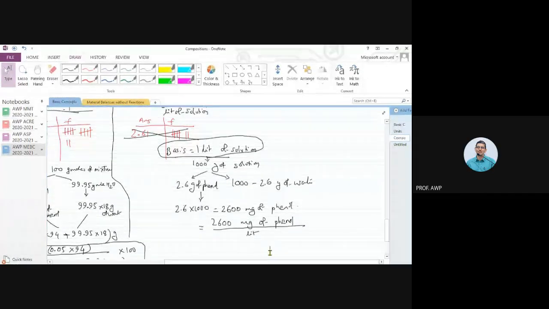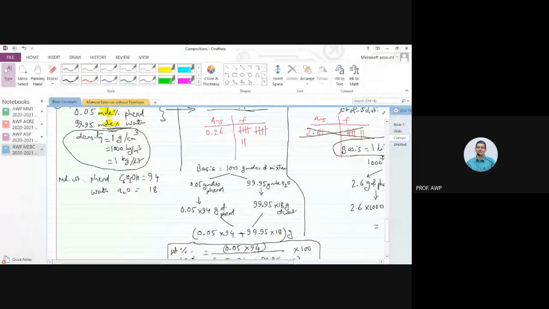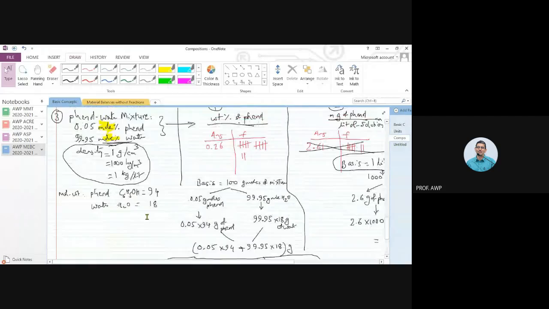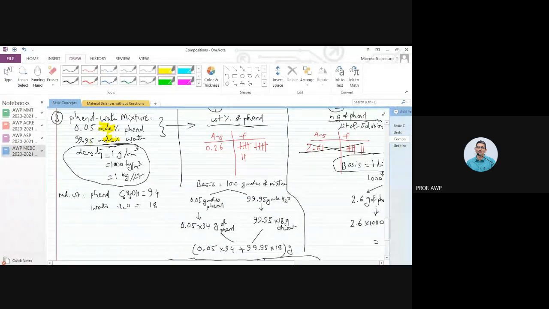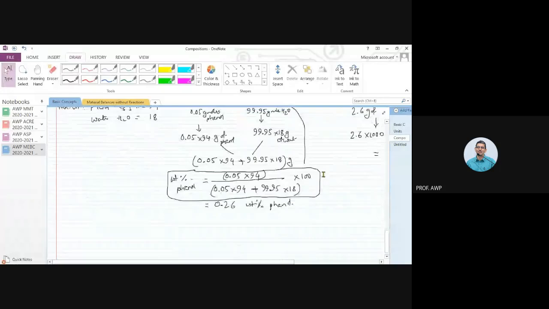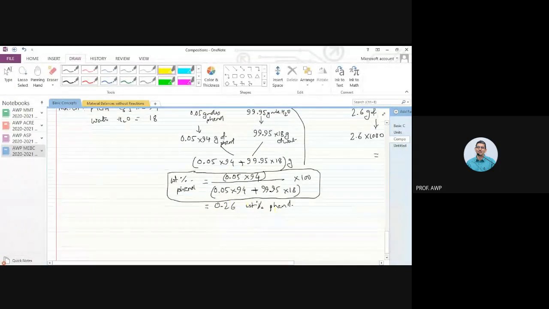Okay. Another important point is that sometimes we are dealing with such small quantities. 0.05 mole% is a very small quantity of phenol, or 0.26%, very small quantity of phenol.